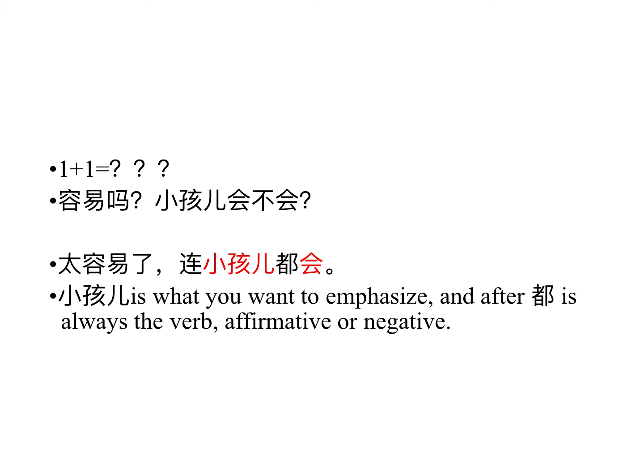So let's see the example. 1 plus 1 equals 2, right? Is that easy? 很容易，对吗？很容易。So 小孩会不会 a child? 小孩会不会 Yes, right? So how do we say too easy, too simple? Even the child can do it.